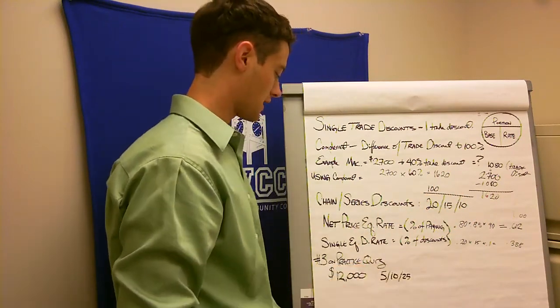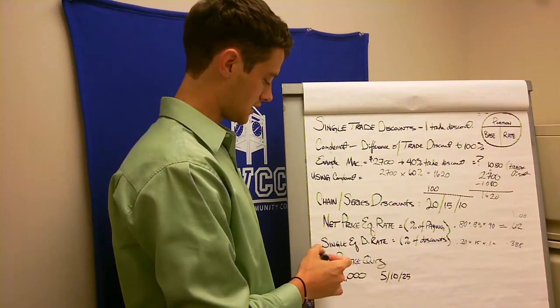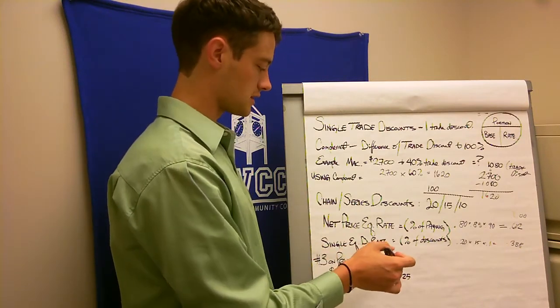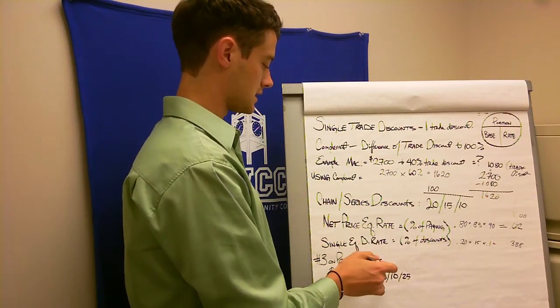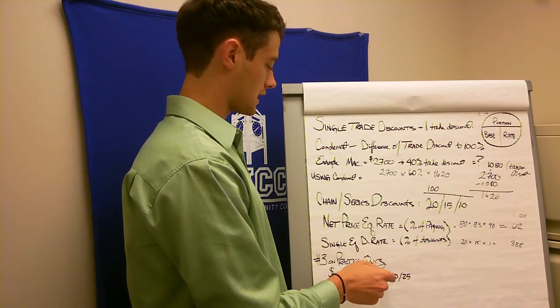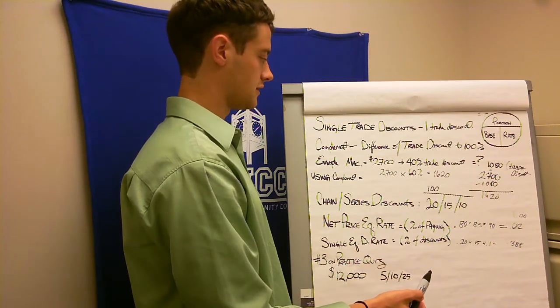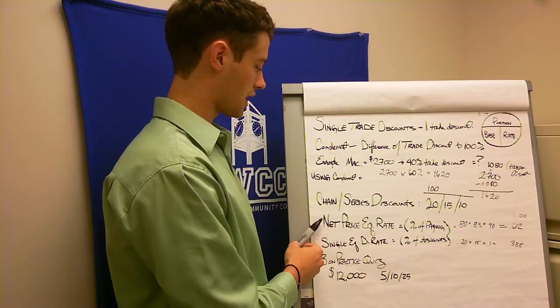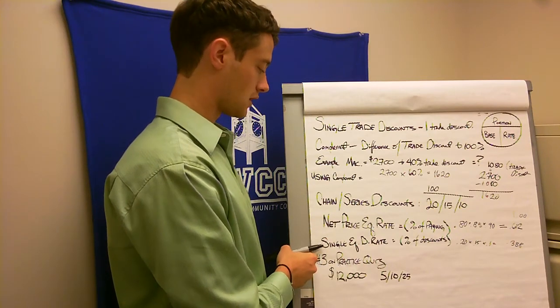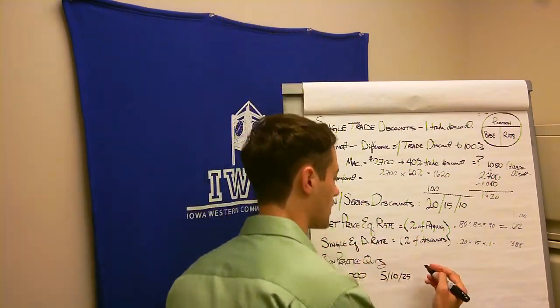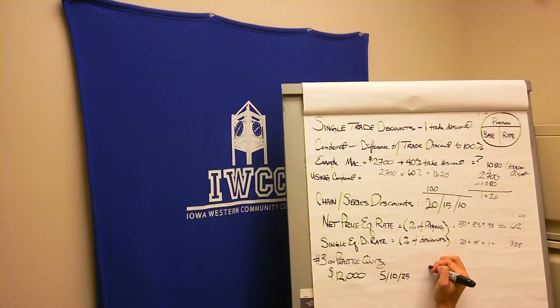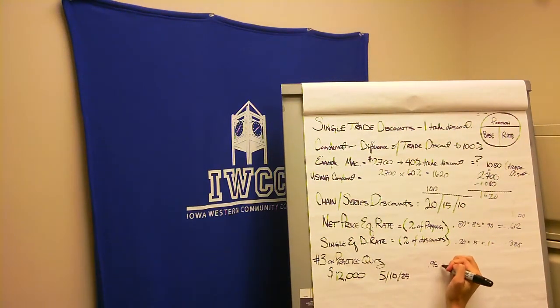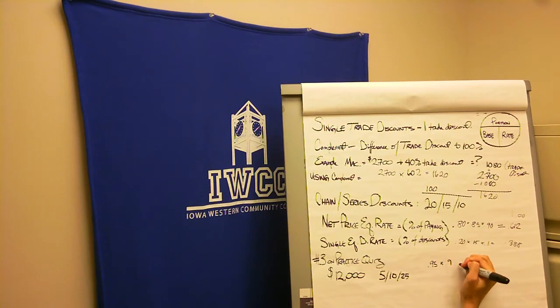So if we do a practice on the practice quiz, number 3 on the practice quiz, it's $12,000, and it says its chain discount rate is 5, 10, 25. Now they want us to figure out both net price and single equivalent rate price, and so how I'm going to do that, 100 minus 5 is 95, 100 minus 10 is 0.9, and 100 minus 25 is 0.75.